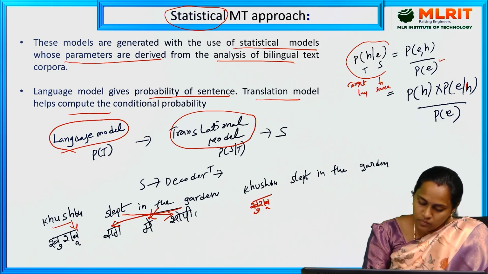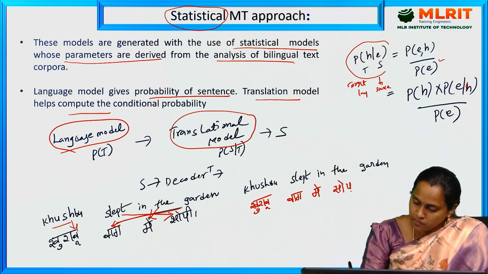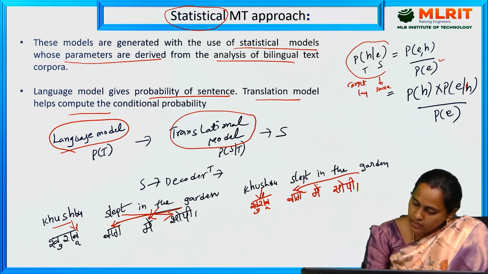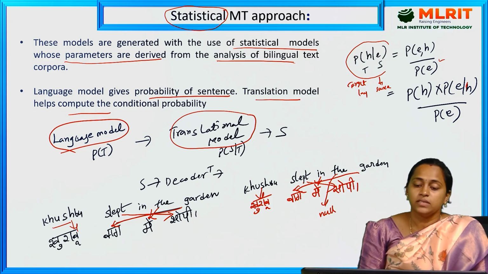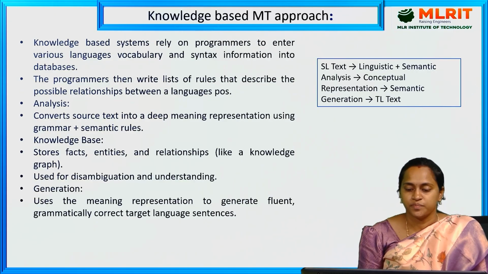Here a null pointer is required, and 'in' is a null. This is the statistical machine translation approach.